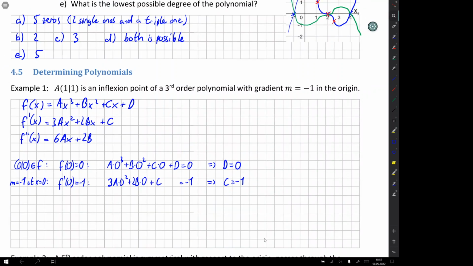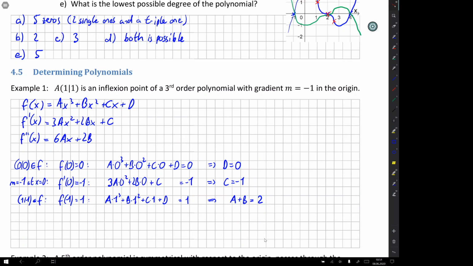Next, the point (1, 1) lies on the graph, so we can insert it into the equation. Now we know also that c is -1, so we get a plus b minus 1 equals 1, so adding 1 we get a plus b equals 2.